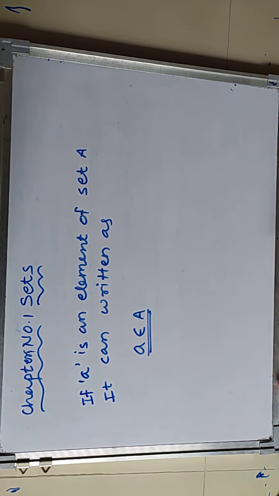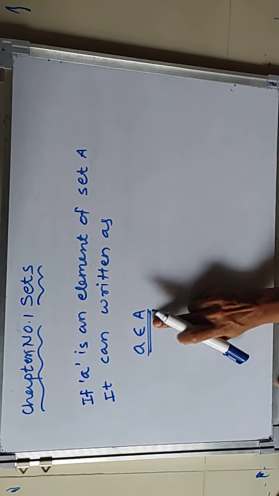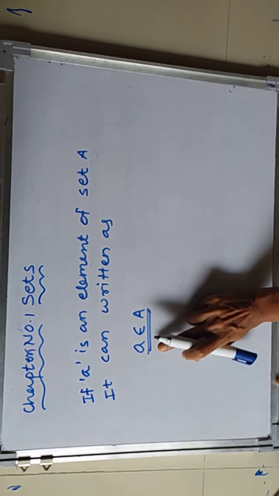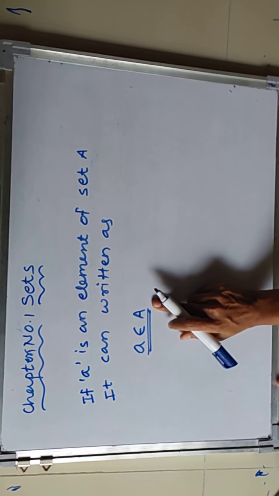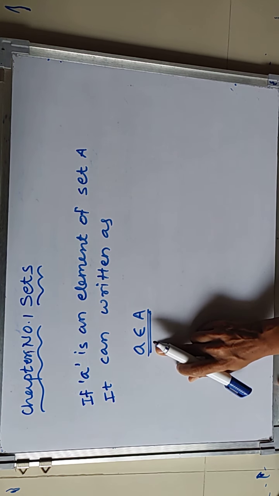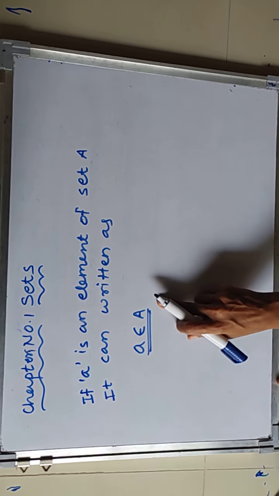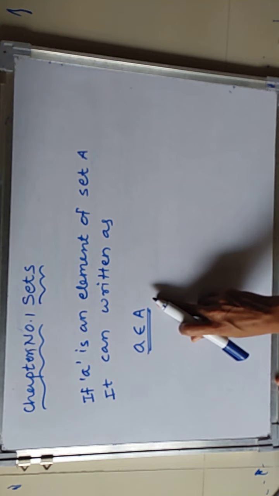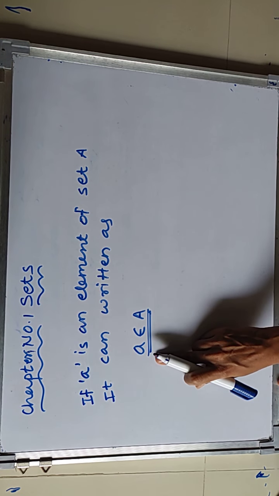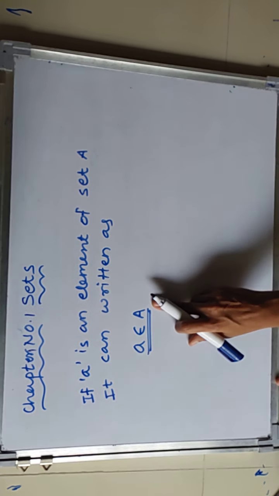And how to read it? Small a belongs to A, or a is an element of set A, or a is a member of set A, or you read it as a belongs to A.